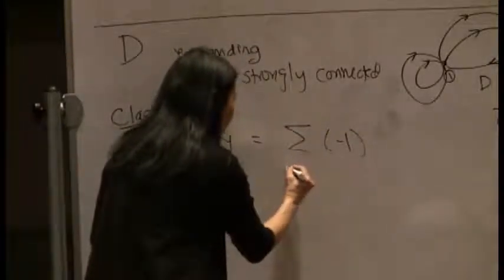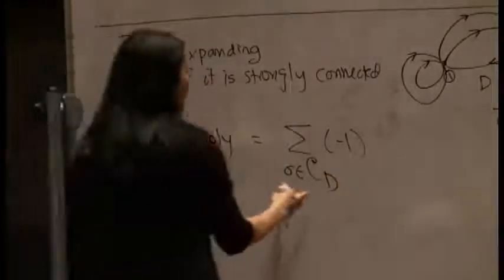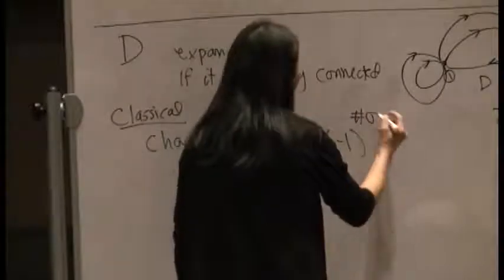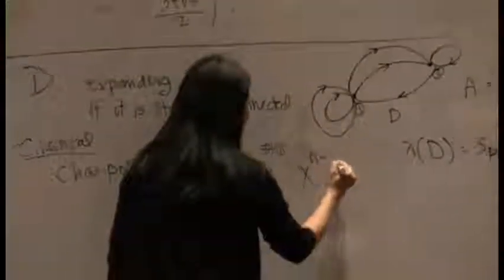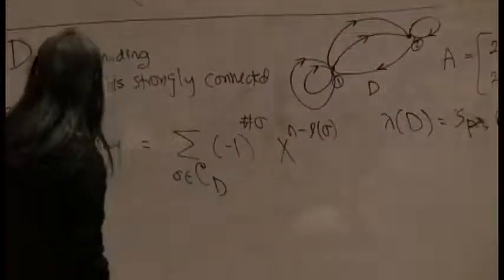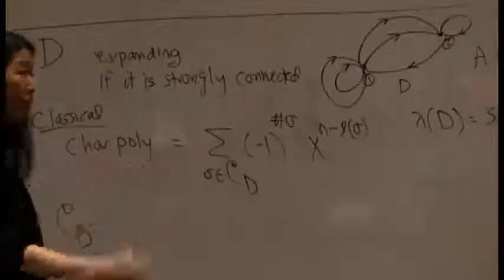Let me just write it down. So given a directed graph, there's an associated cycle complex.